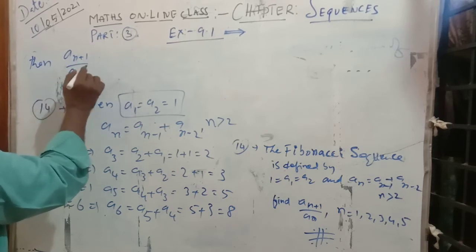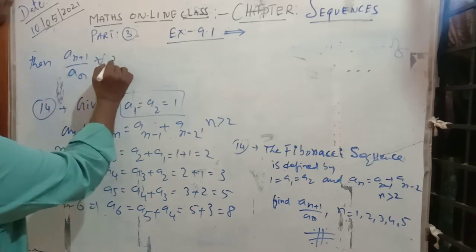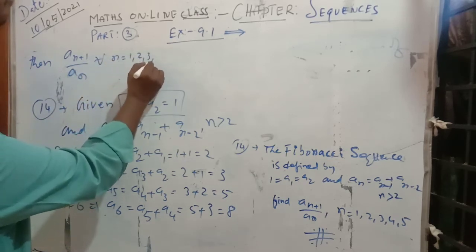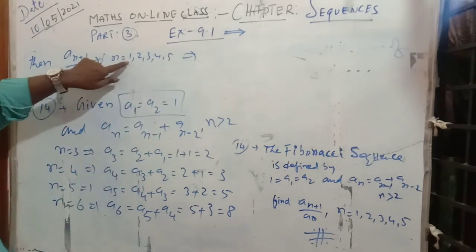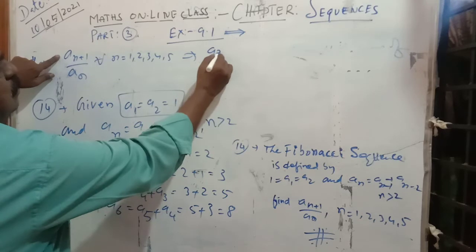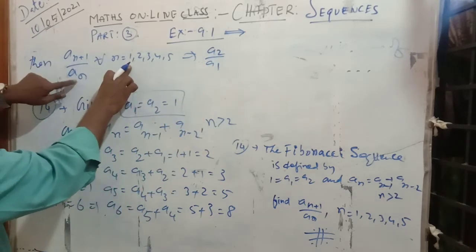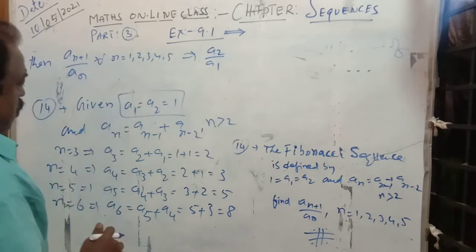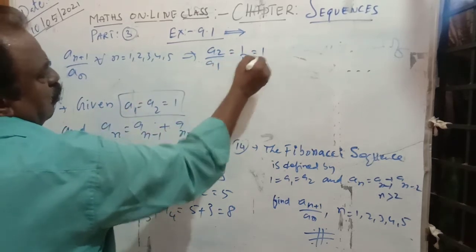This is a_n. For n is equal to 1, 2, 3, 5. If n is equal to 1, it is A2 by A1. A2 value is 1, A1 value is 1, so 1.